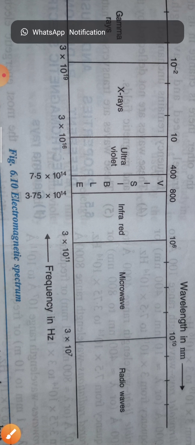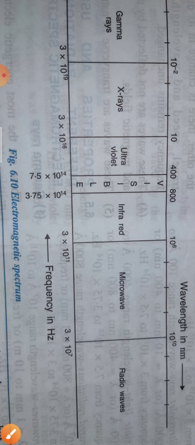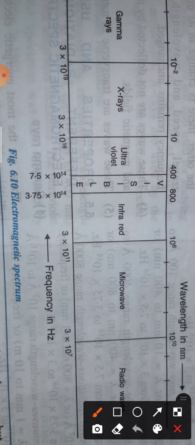Now after gamma rays we have X-ray. X-rays are produced whenever a fast moving electron strikes a heavy metal. X-rays are used for detection of fractures because X-rays can penetrate our flesh but cannot penetrate our bones.